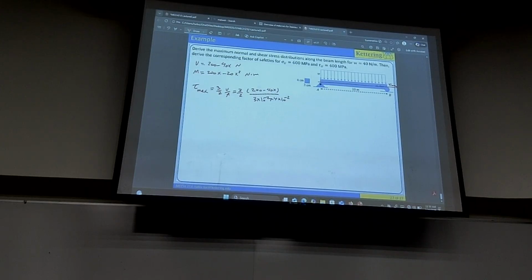We are after the absolute value, so put absolute value around it. If you convert it to mega, it becomes this times x megapascal.